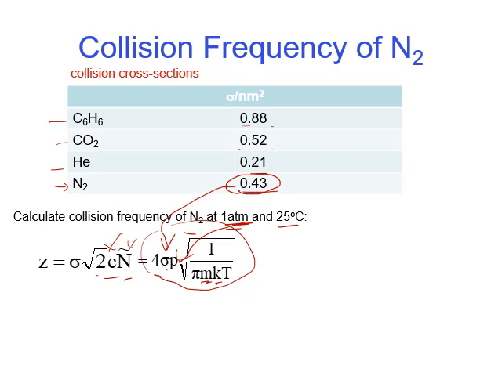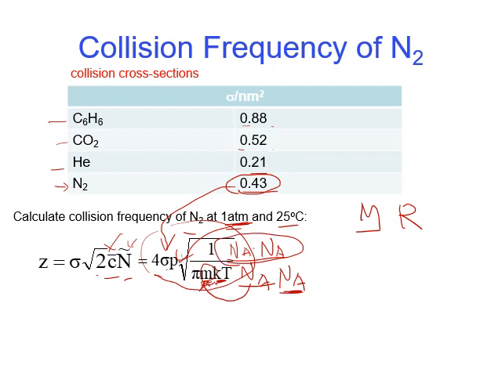To do that we multiply by Avogadro's number N_A here, and also here, so twice, because N_A times m gives you the molar mass. The mass of one molecule times Avogadro's number gives you molar mass, and the k constant times Avogadro's number gives you the R constant. And on the top you have N_A squared. When you take the square root, you get N_A. Okay, and so here is the equation.